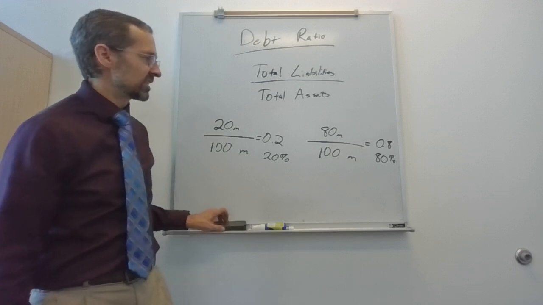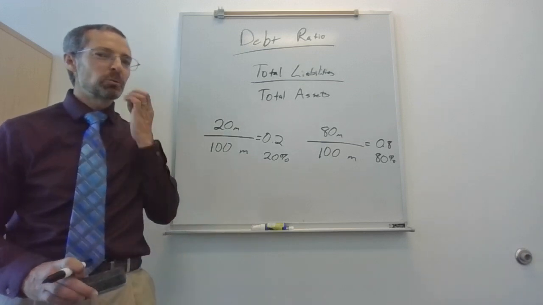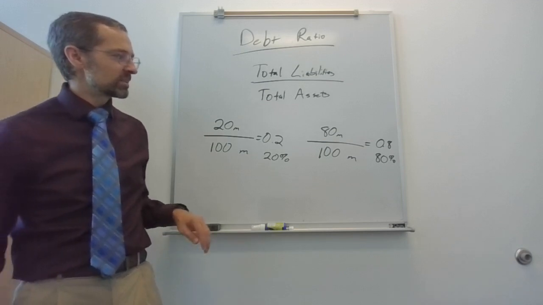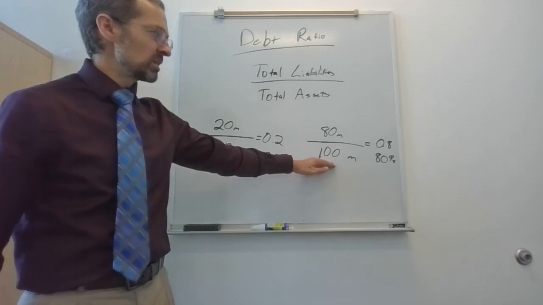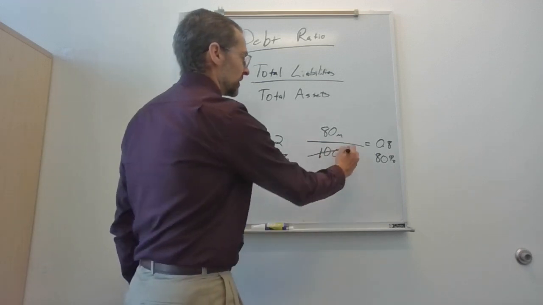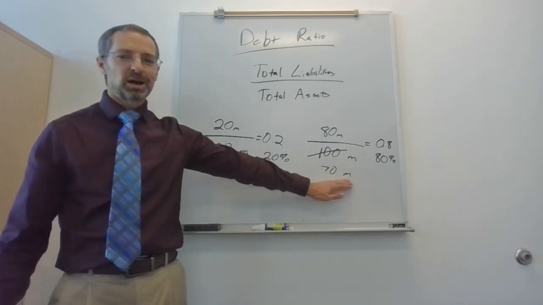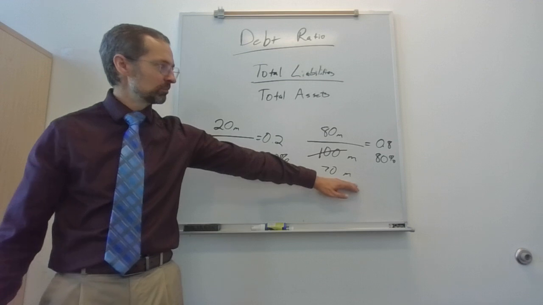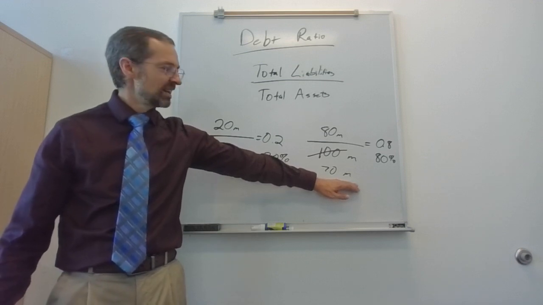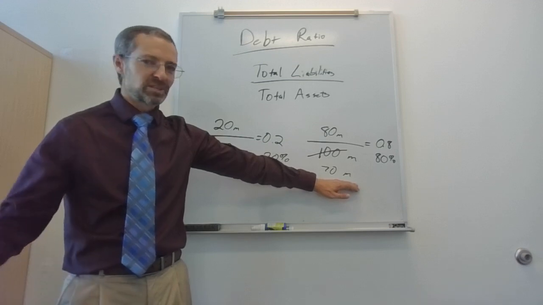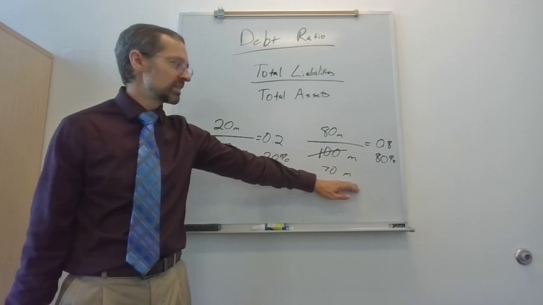So let's take that scenario. Let's say something is not worth as much as it was before, and the value has gone down $30 million. So instead of 100 million, now we only have 70 million. That's a big problem for this company over here. We still owe $80 million, and now our assets are only worth 70 million because for some reason, assets went down in value.